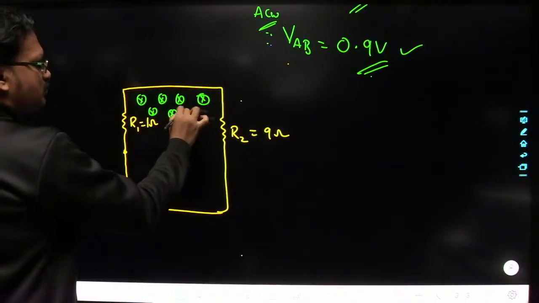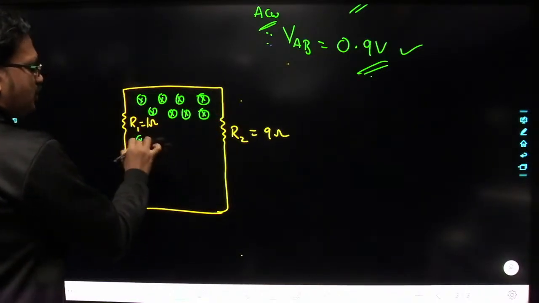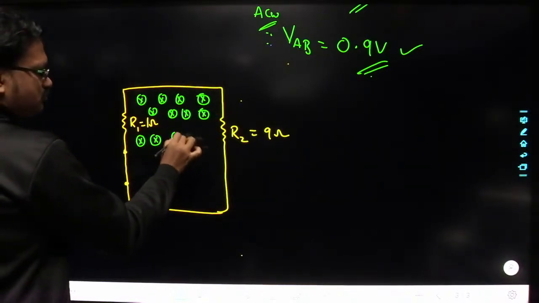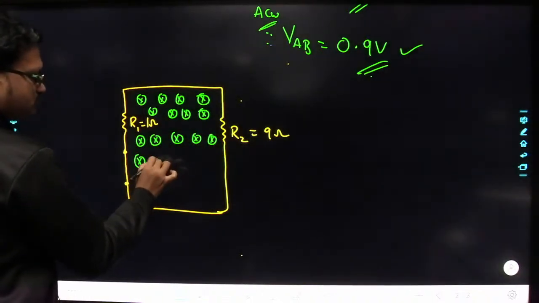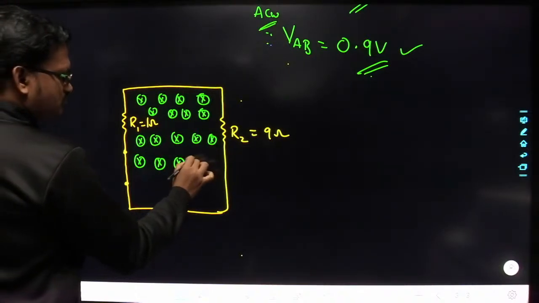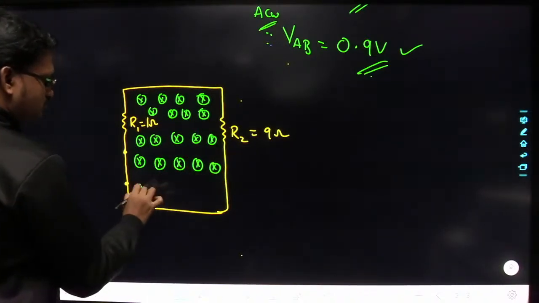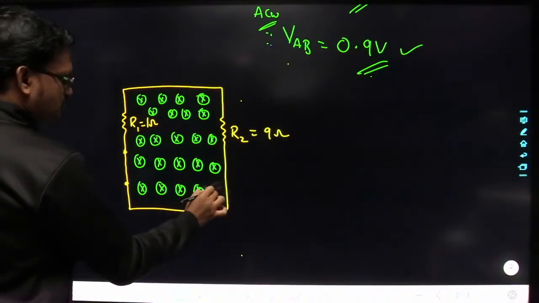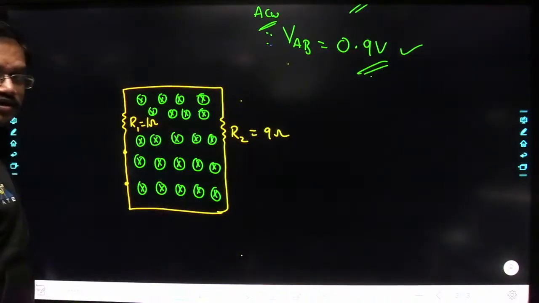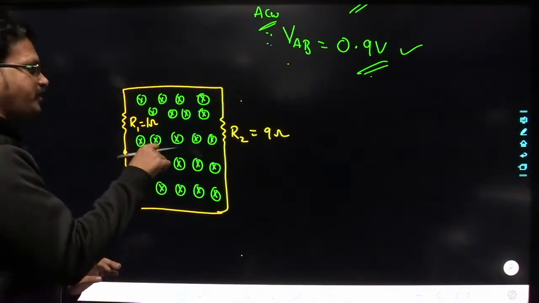Let us assume B field is pointing into the board.